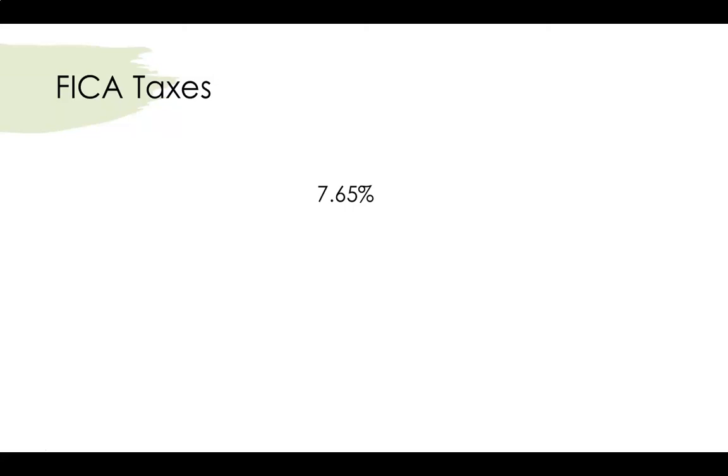Now let's talk about FICA taxes a little bit here. So FICA taxes have this 7.65% rate, right? But that's broken up into two different pieces. That's broken up into the 6.2% and a 1.45%. That 6.2% is Social Security, and that has a cap on it.